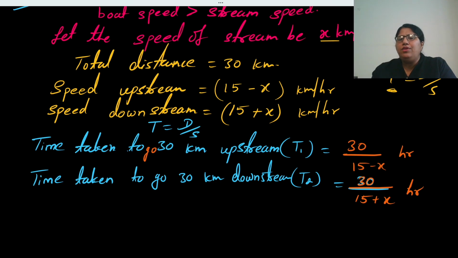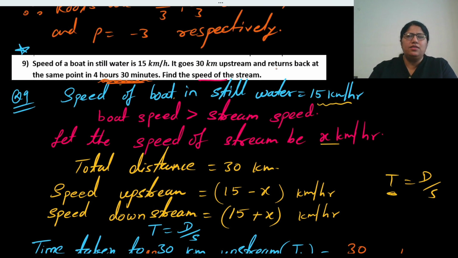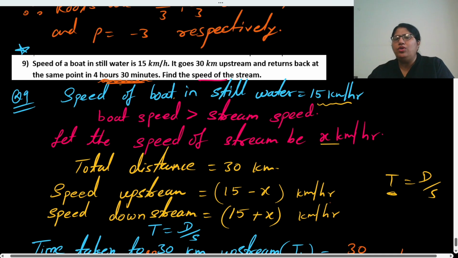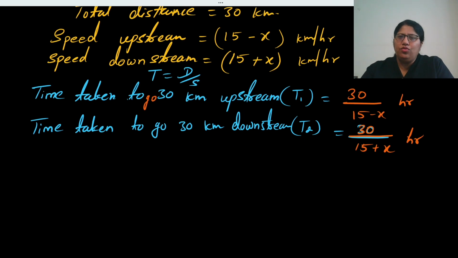Now you need to compare whether T1 will be greater or T2 will be greater, because the difference of time is going to be 4 hours 30 minutes. When the speed is less, 15 minus x, it's going to take more time. Here speed is more, so it is going to be less time, right?